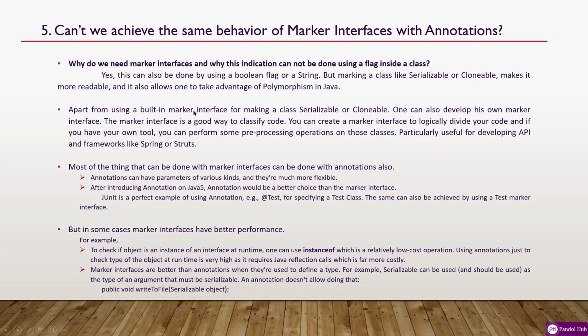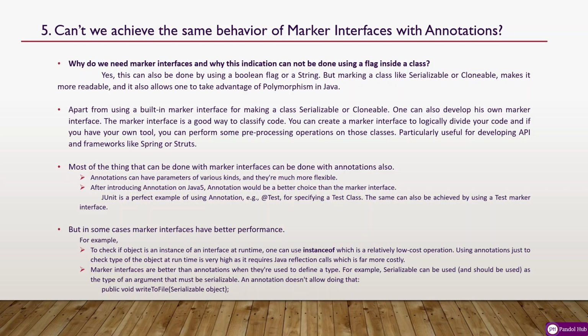Apart from using a built-in marker interface, one can also develop their own marker interface. The marker interface is a good way to classify code. You can create a marker interface to logically divide your code, and if you have your own tool, you can perform some pre-processing operations on those classes, particularly useful for developing APIs and frameworks like Spring or Struts.